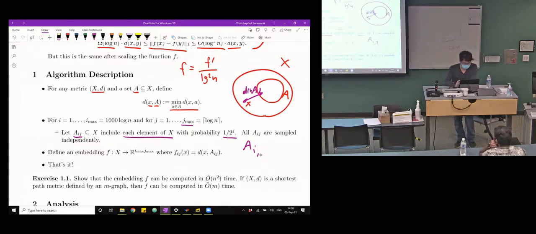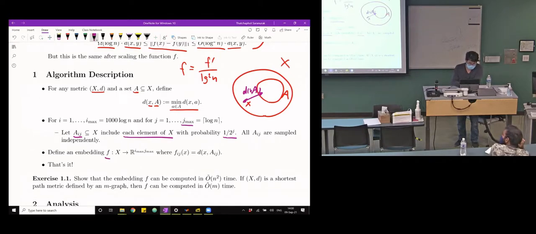So it just generates these random sets, all of them independently.